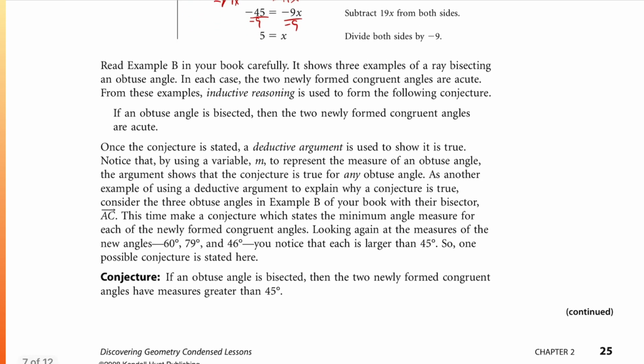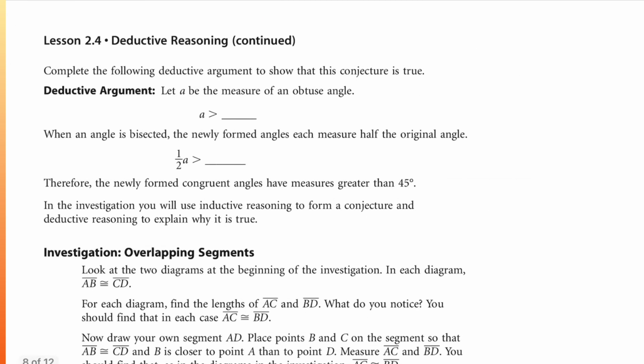Let's look at this conjecture. If an obtuse angle is bisected, then the two newly formed congruent angles have a measure that's greater than 45. So let's see why that's true. Here's a deductive argument. Let A be the measure of an obtuse angle. We know by definition that an obtuse angle is greater than 90 degrees.